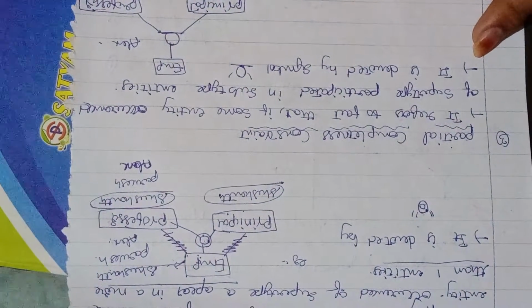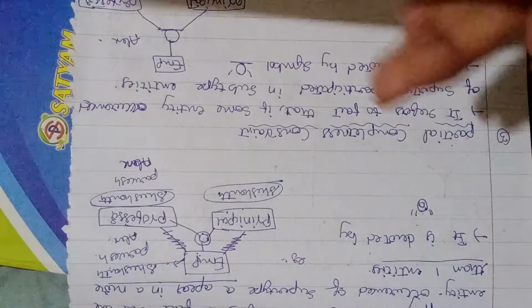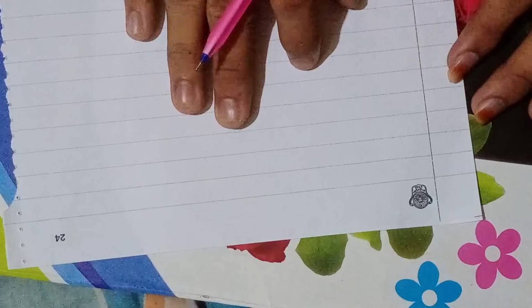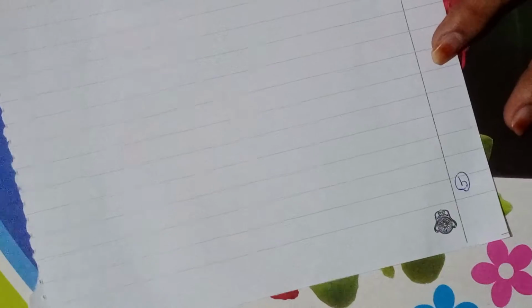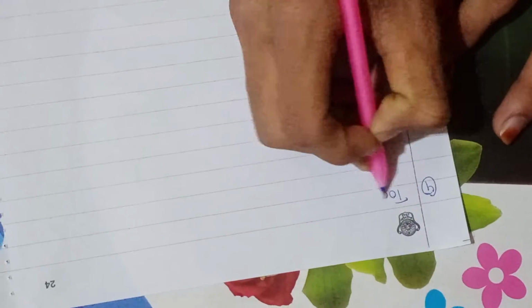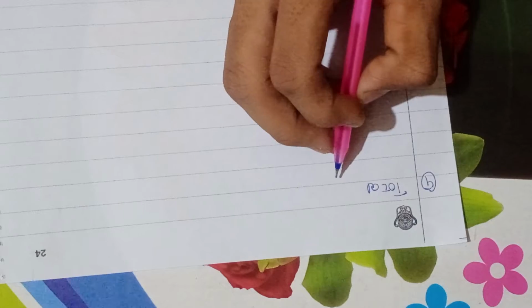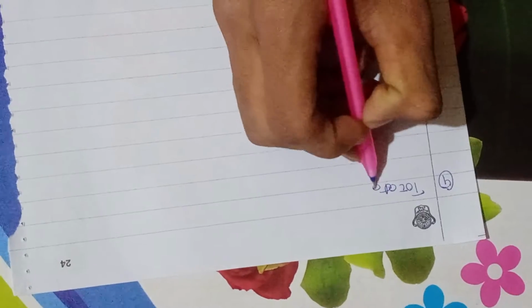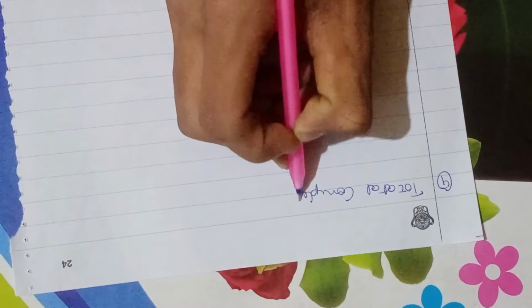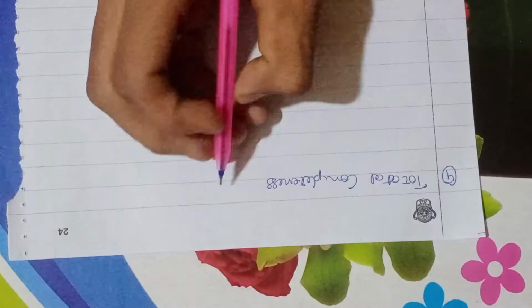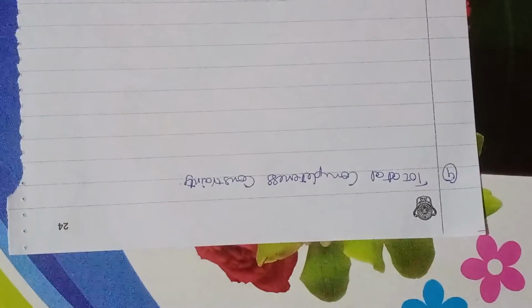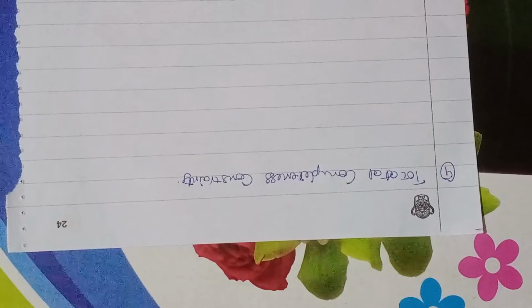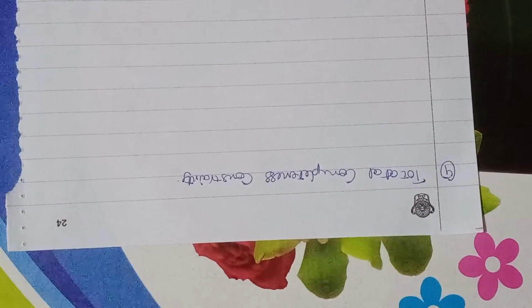Now we can see the fourth and last constraint, total completeness constraint. What does total completeness constraint mean?